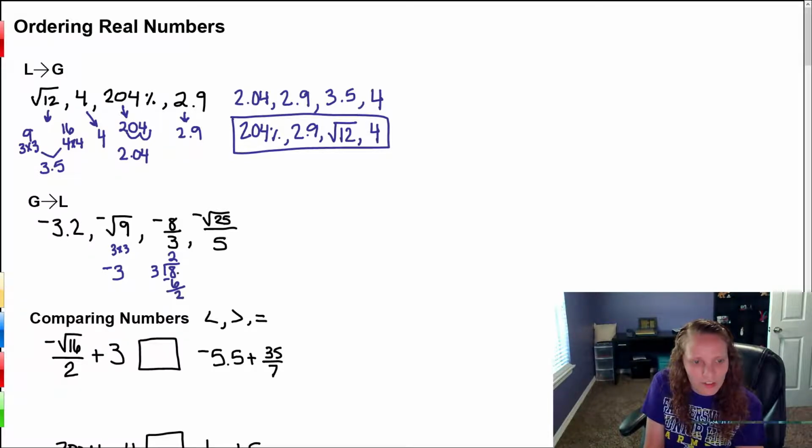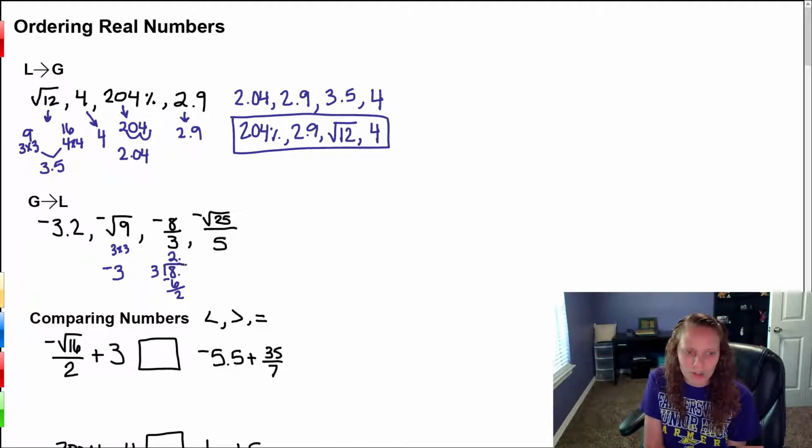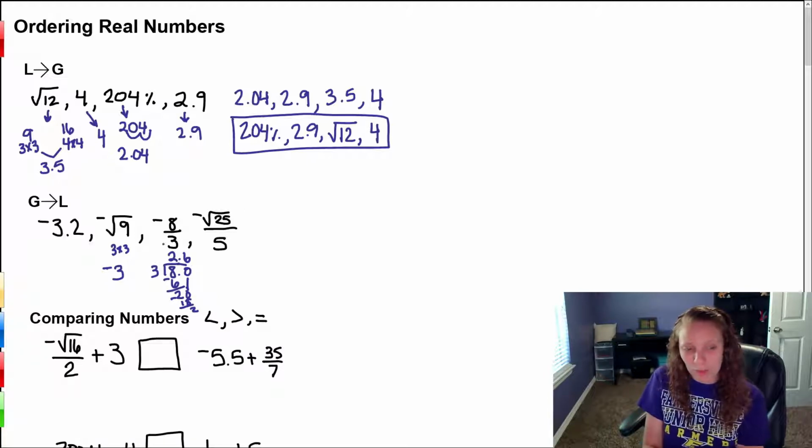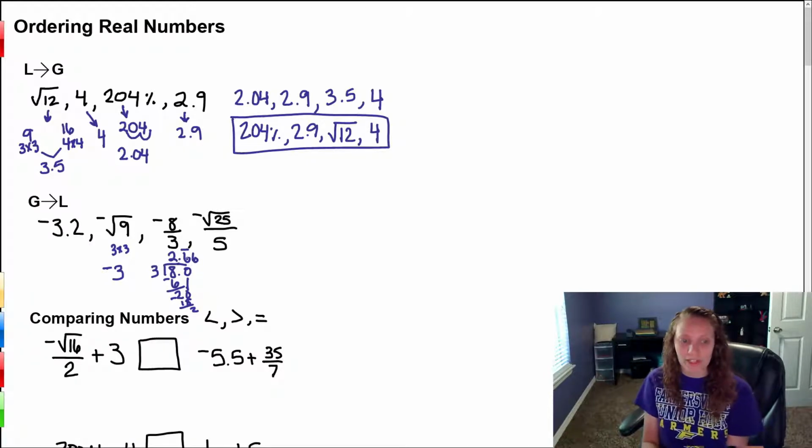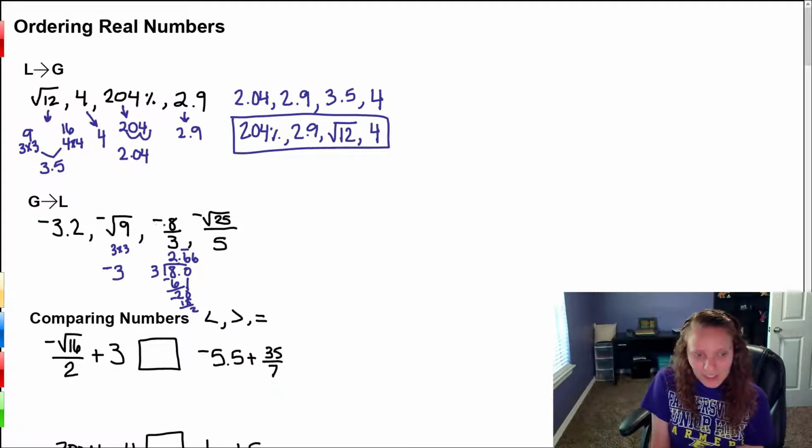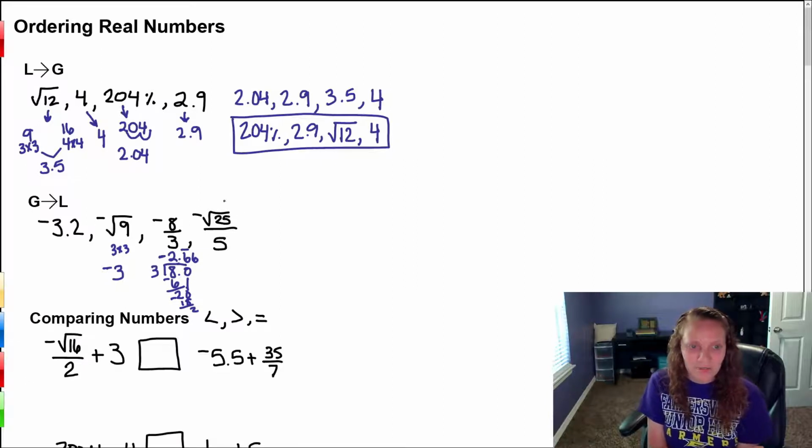With 2 left over, let's add a decimal in our answer and in the division box, and then bring a 0 down. 3 goes into 20 6 times. 6 times 3 is 18. When I subtract, I have 2 left over, so I'm noticing this 2 is going to keep repeating, which means the 6 up top will keep repeating. So 2.6 repeating, and there's a negative sign in front of that fraction, so this is a negative number.